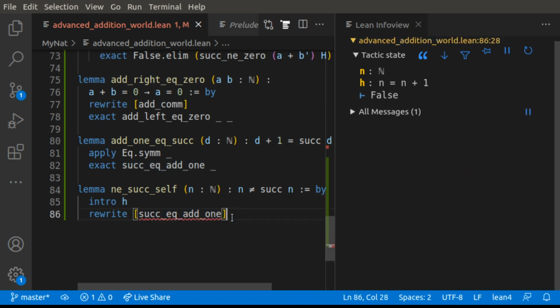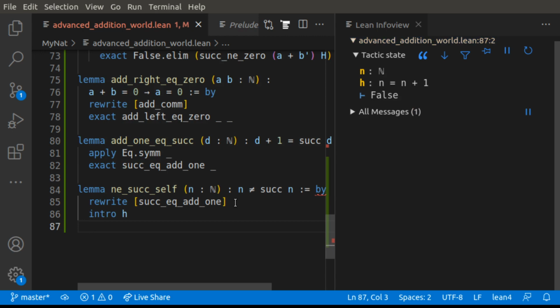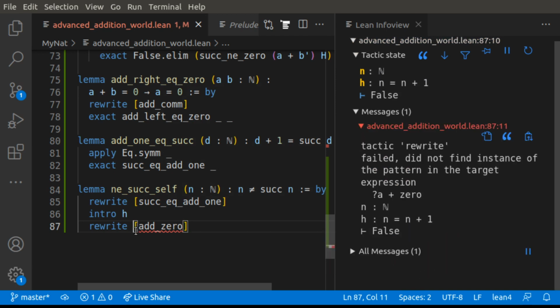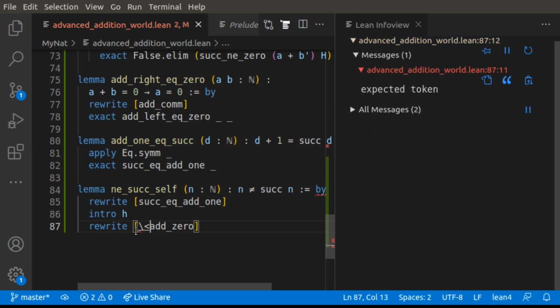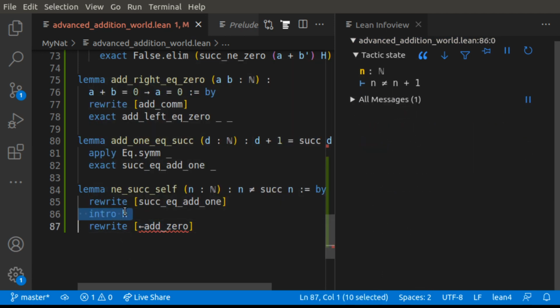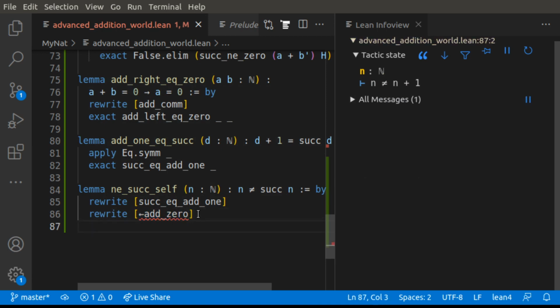And then I guess we don't need intro h just yet. Successor equals add 1. Intro h. Rewrite add 0. Add 0. I guess we also don't need intro h just yet. N.